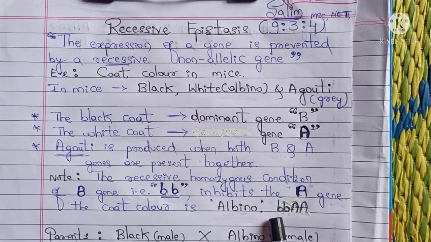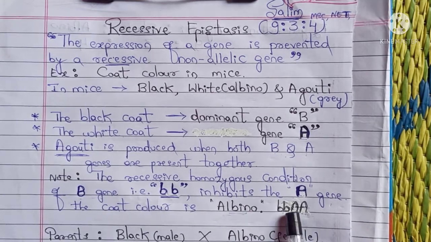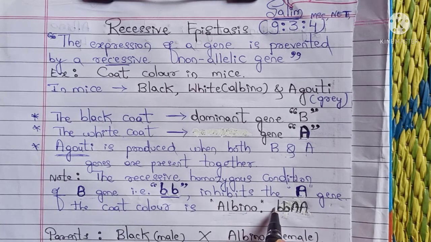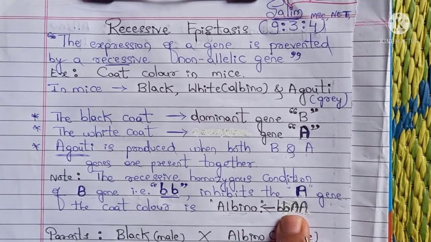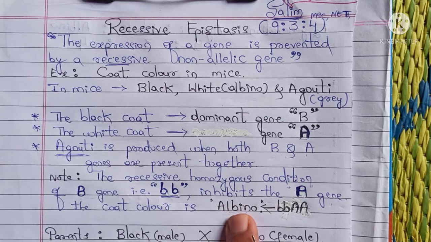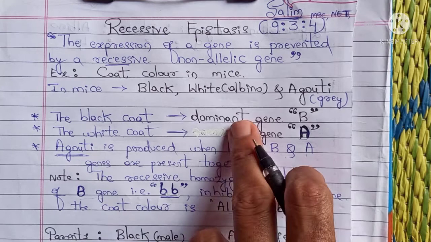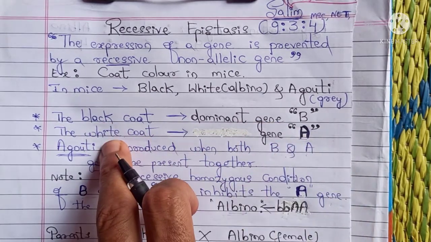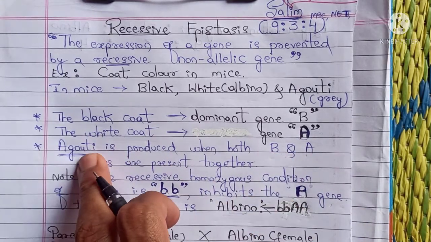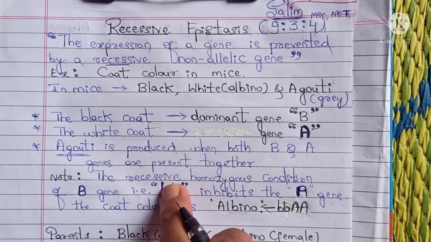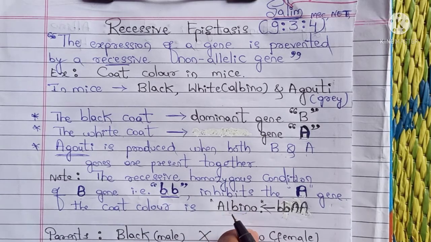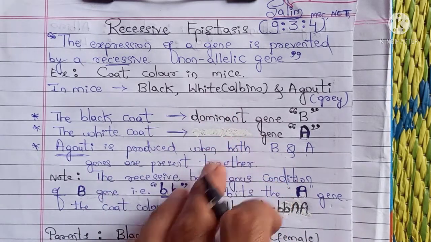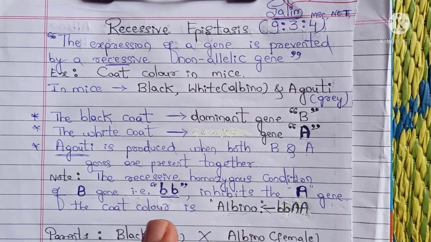So you can see small b with capital A. When this type of genotype is present, without hesitation you have to write albino or white coat. Simply remember: dominant B gene gives black coat, dominant A gene gives white coat, when both are present, agouti. In the recessive condition of the B gene, albino is expressed. Suppose you didn't understand, let us study the inheritance pattern so that you can easily understand this.